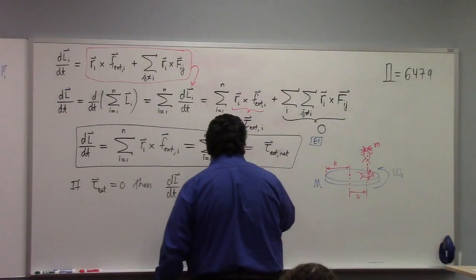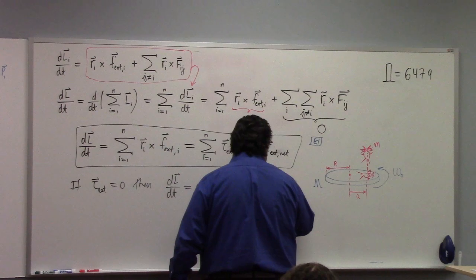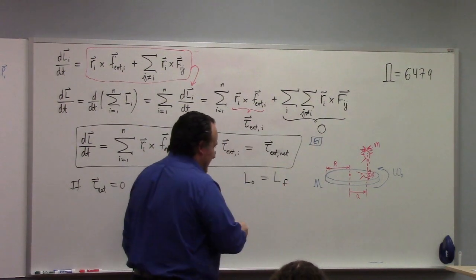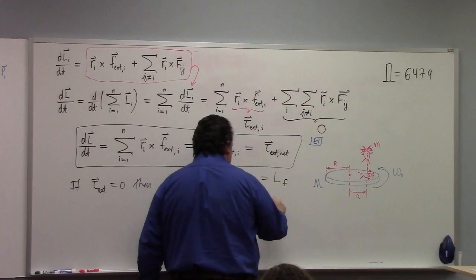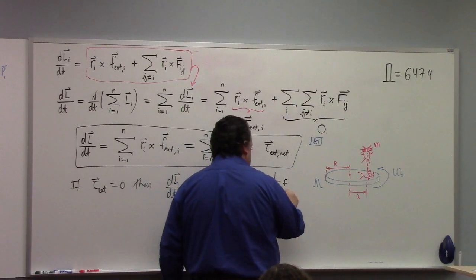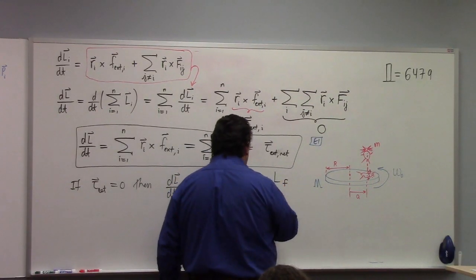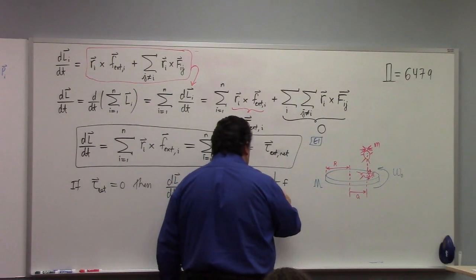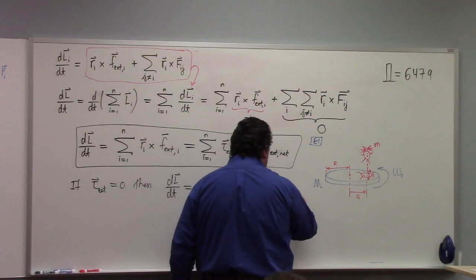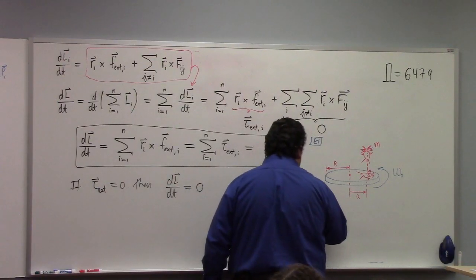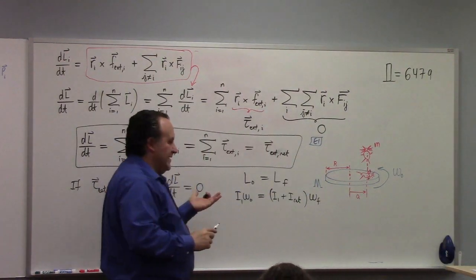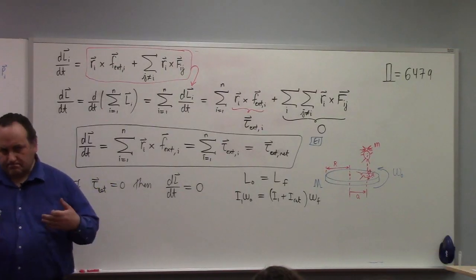We can say that the initial angular momentum is equal to the final angular momentum. The initial angular momentum is I omega naught. The final angular momentum is I1 plus I cat, omega f, right? Because angular momentum is I times omega.